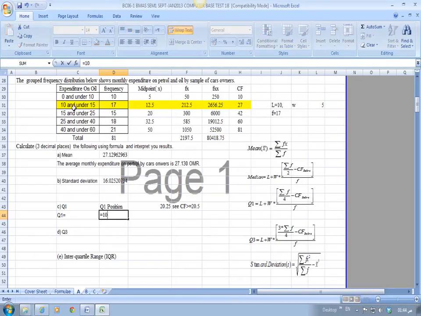W here, the width, is equal to 5 multiplied by bracket CF divided by 4, which we already calculated, 20.5, minus CF before our location here, which is 10, then we write 10, close the bracket, divide by 17, press enter, and this one is the first quartile.